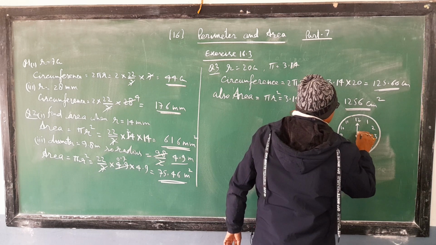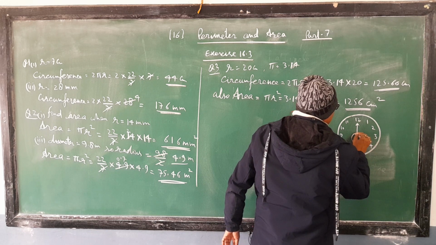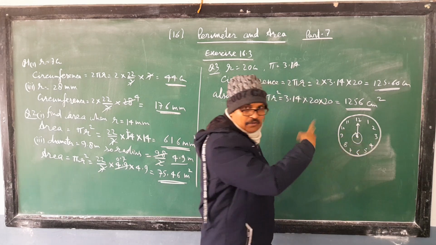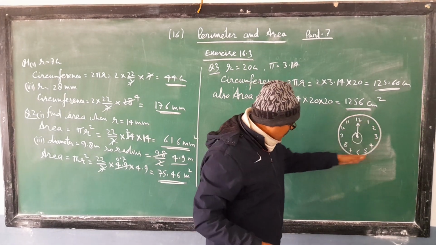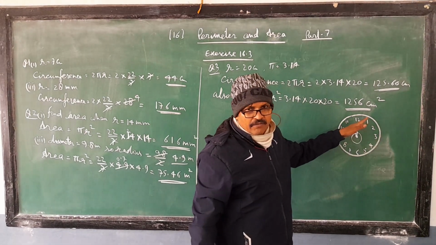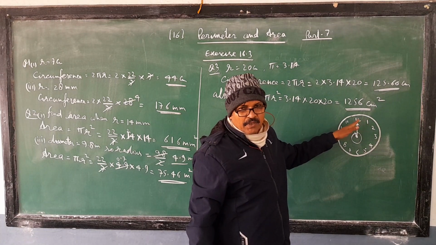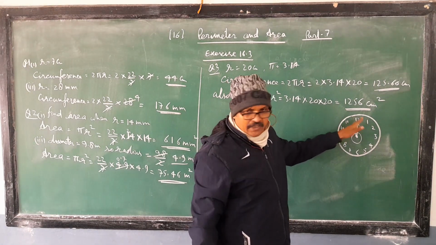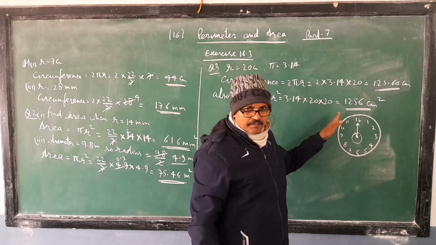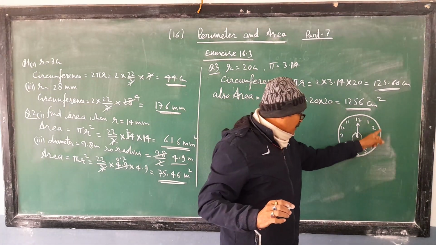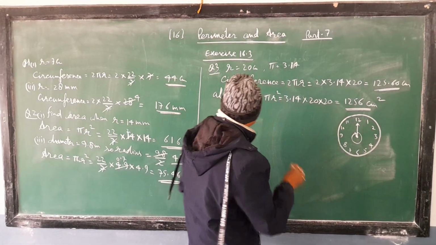And in 1 hour it will make one full round. Means how much distance will the minute hand cover? It will cover a distance equal to the circumference.